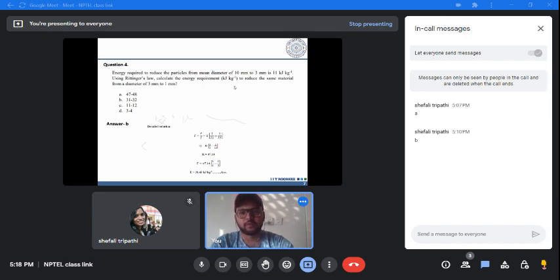So to reduce the diameter of the particle from 10 millimeter to 3 millimeter takes 11 kilojoule. So we have a first case where the energy is given, that is 11 kilojoule per kg, and k is Rittinger's constant.